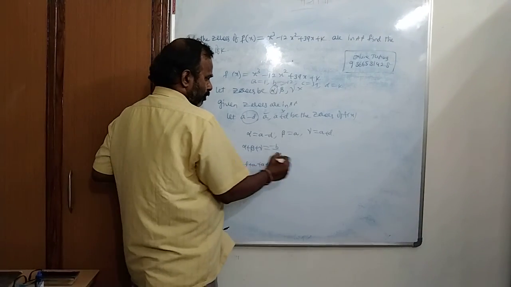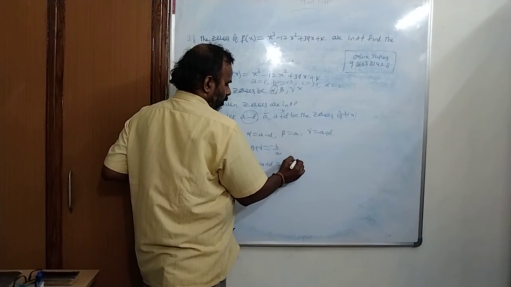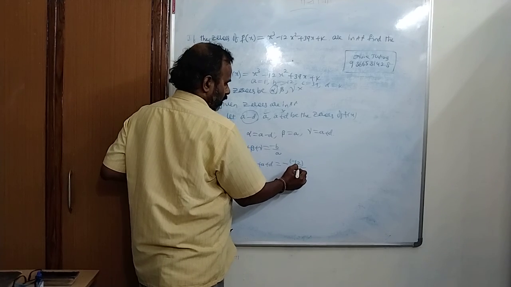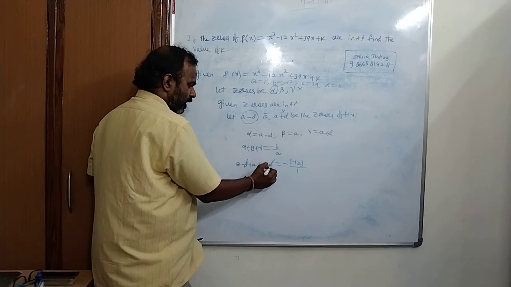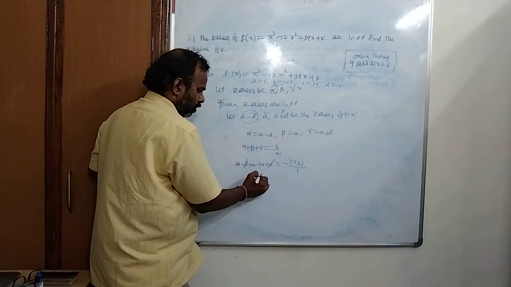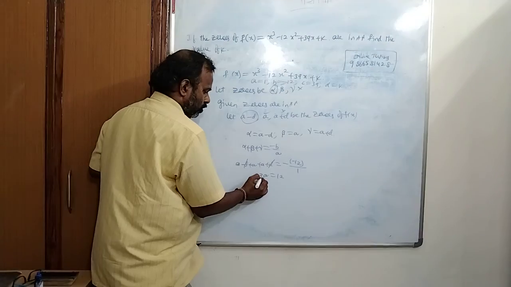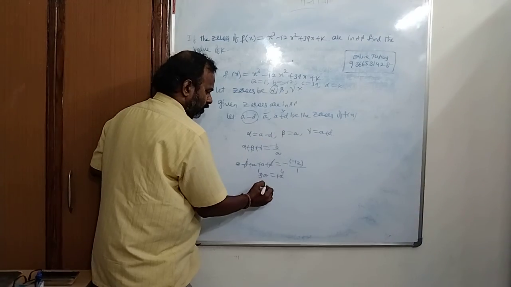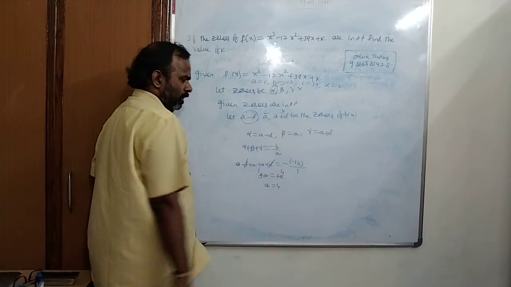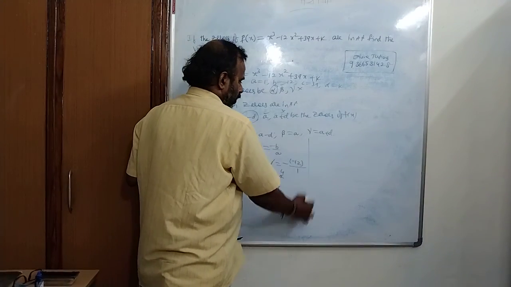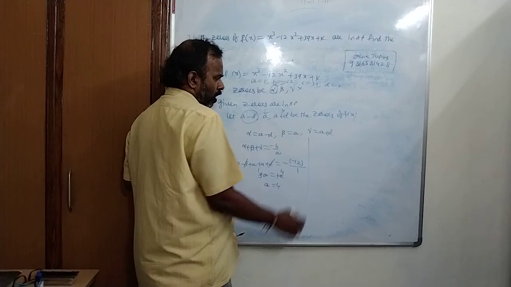So minus b is what here? Minus 12 by a is 1. So d and d will get cancelled. So 3a is equals to 12. 3 4s are 12, a is equals to 4. Now find the product of roots.